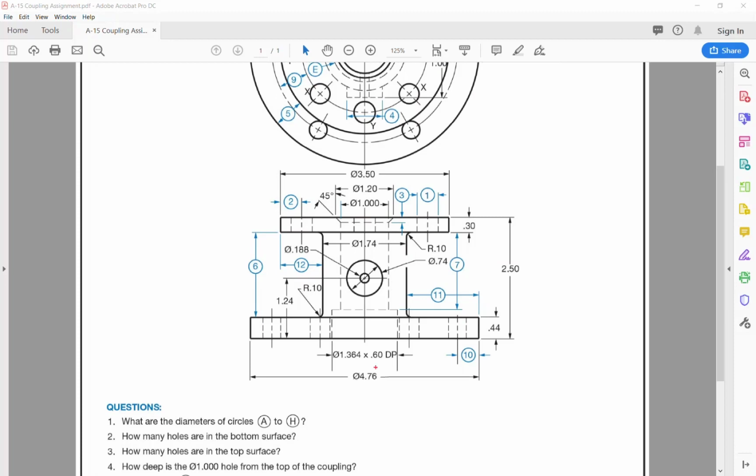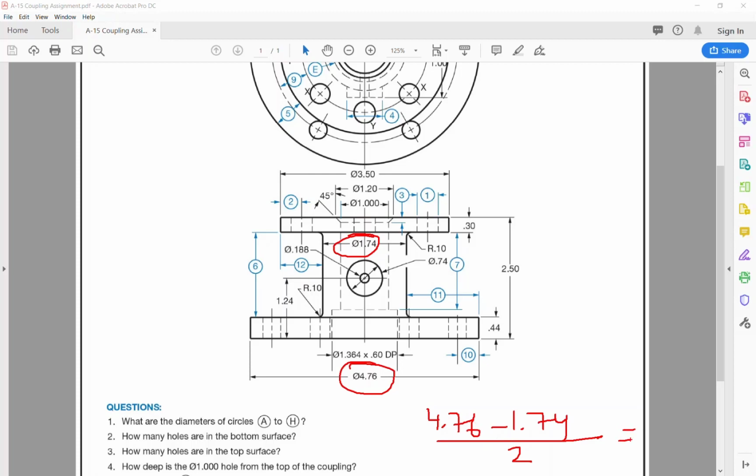Number 11 is straightforward. You're going to take the 4.76 overall. You're going to subtract 1.74, which is the diameter of the central portion of this body. So that's going to be 4.76 minus 1.74, and you're going to divide that by 2.